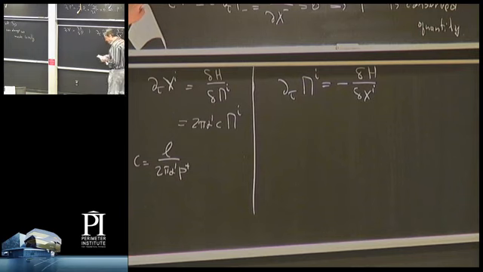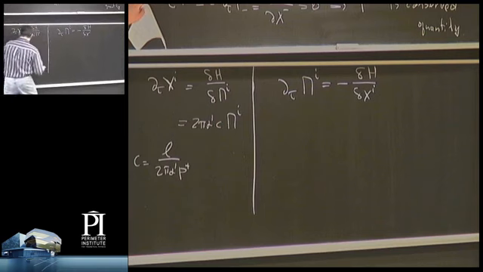Let's just derive them. Here I have a Hamiltonian, and I take a derivative with respect to p i. There are two p i's.